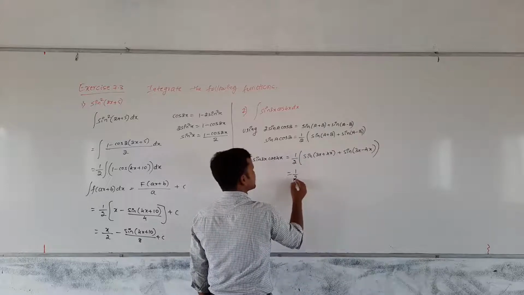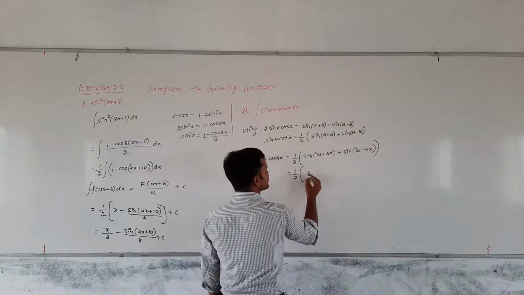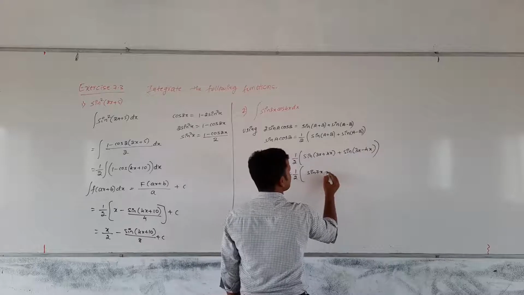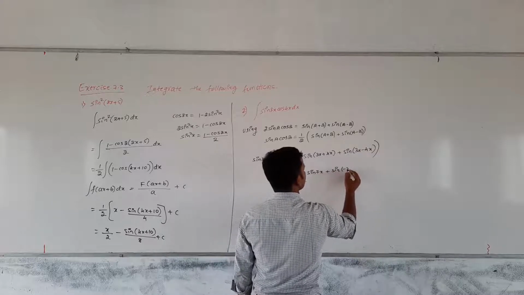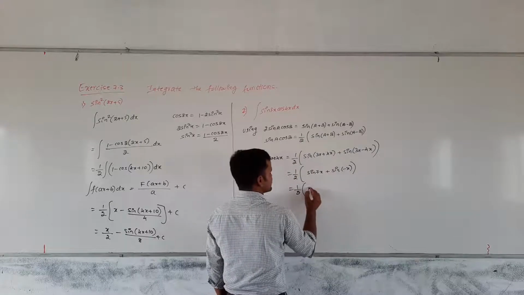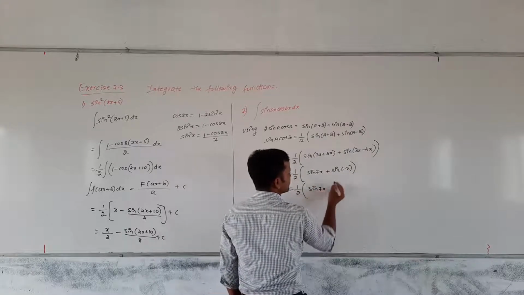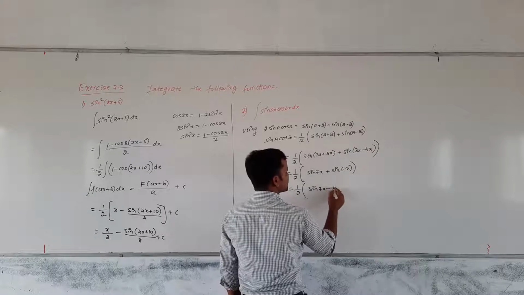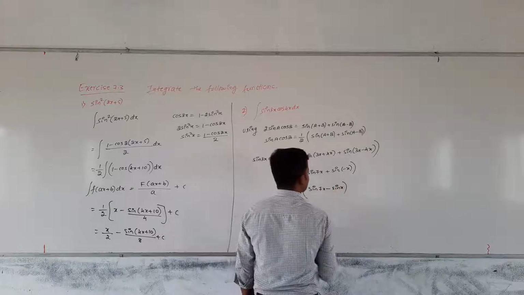This is nothing but 1 by 2 into (sin 7x plus sin of minus x). 1 by 2 into sin 7x, sin of minus x is nothing but minus sin x.